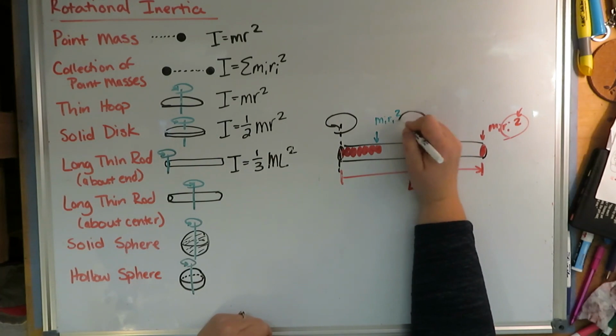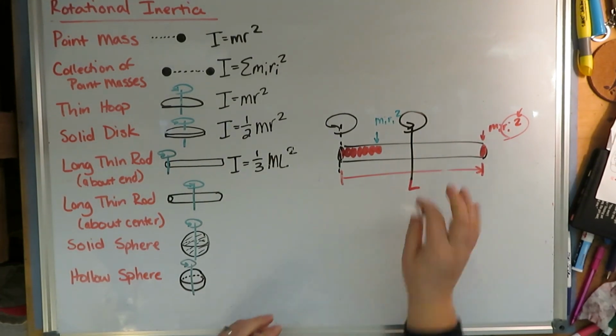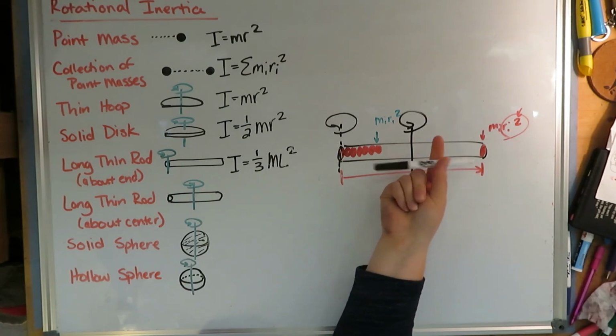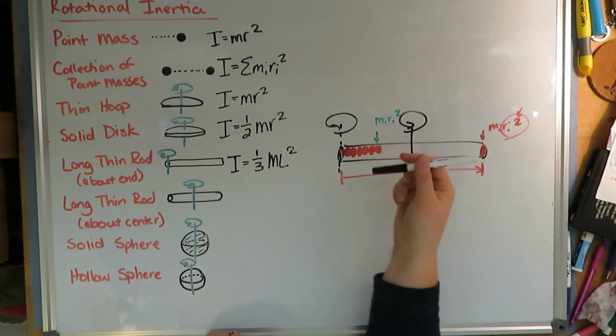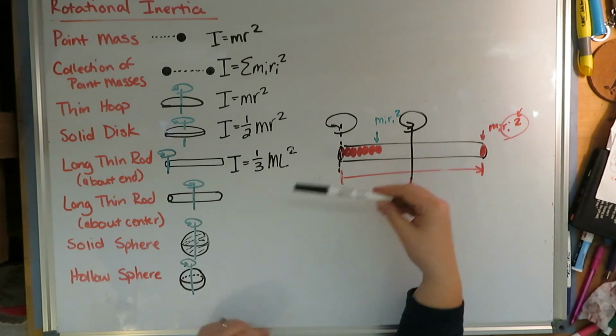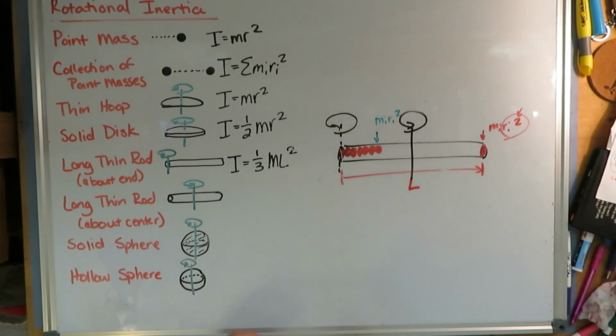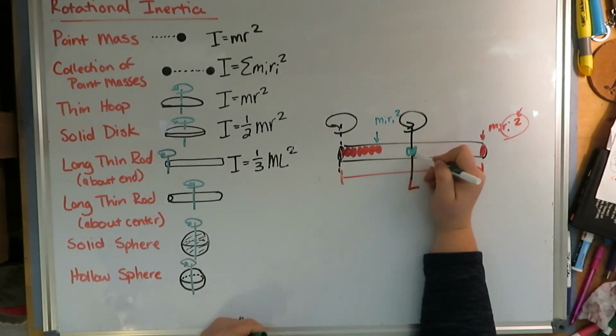If I were instead to look at the long thin rod and spin about the center, that's doing this. I don't know if you can tell, but it's a lot easier for me to do this than it is to do that. That's because when I look at my mass distribution, I still have some of my mass located here at the axis of rotation.